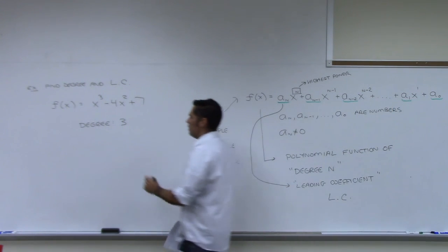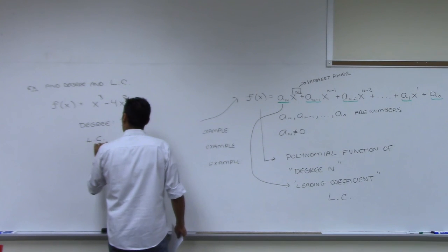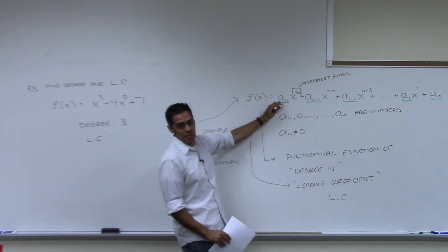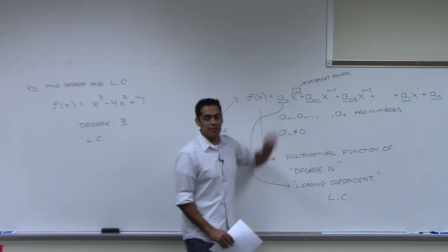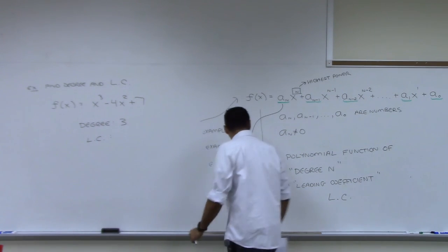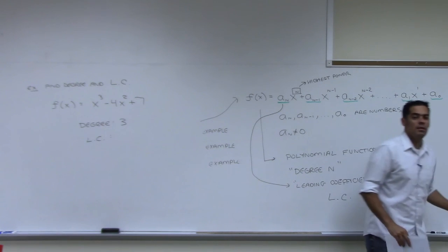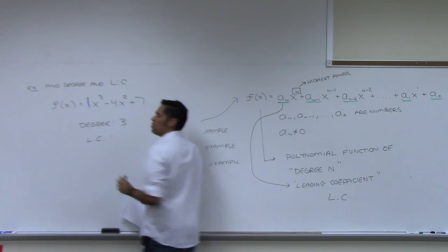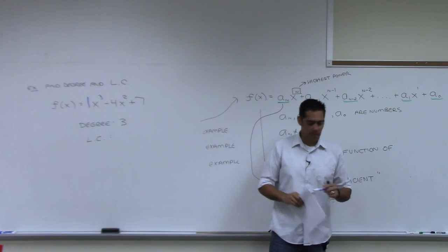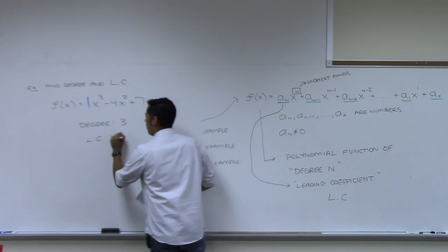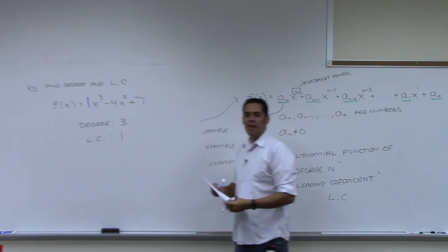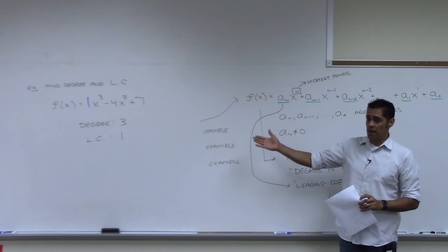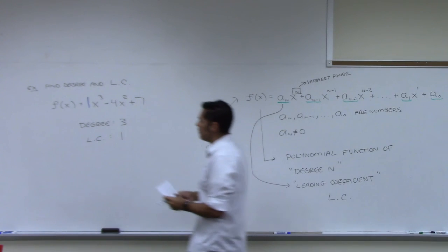What is the leading coefficient? The leading coefficient is the number that's in front of that highest power of x. So what is the number sitting in front there? The number 1. There's a 1 there. We don't write it normally, right? So this has a leading coefficient of 1. You do not include the x in the leading coefficient. All right? Simple enough? Okay, let's do another one.